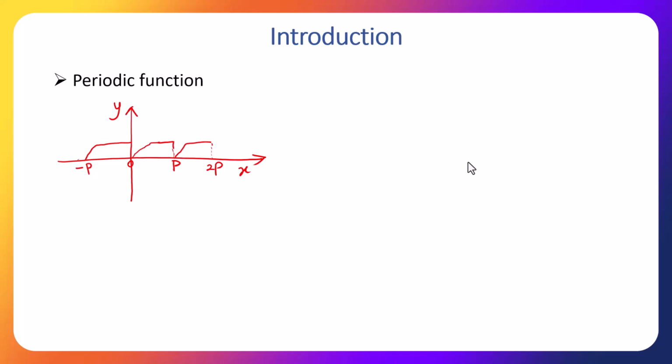What is a periodic function? A periodic function is a function that repeats itself at regular intervals. If you take a look at this graph, for instance, we say that this graph repeats itself at p interval. That is, if we move from minus p to 0, 0 to p, and p to 2p.